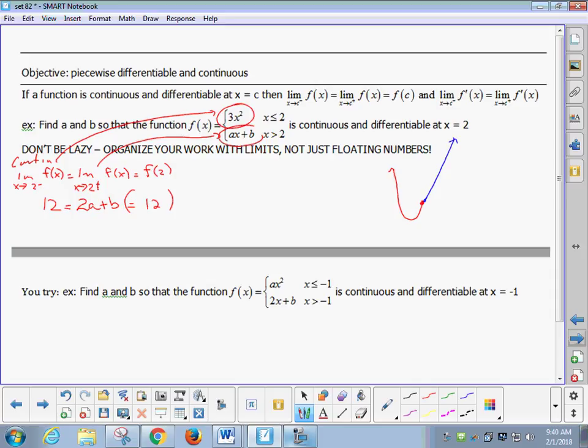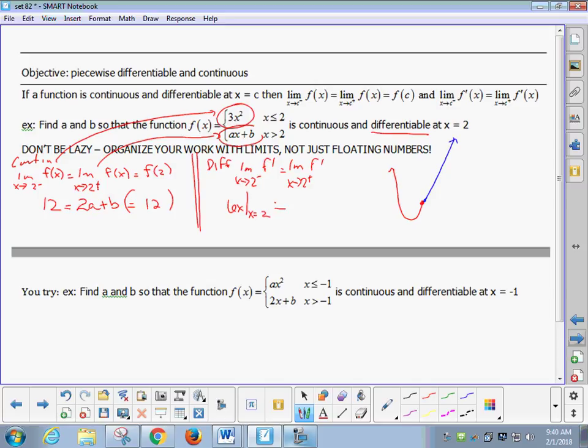So we also want there to be a smooth derivative transition. For differentiability, the derivative as you approach 2 from the left must equal the derivative as you approach 2 from the right. The slopes have to match on each side, so there's no sharp turn. What's the derivative of the left-hand branch at 2? Feel free to do it in 2 steps if you like. 6x at x equals 2, yeah?